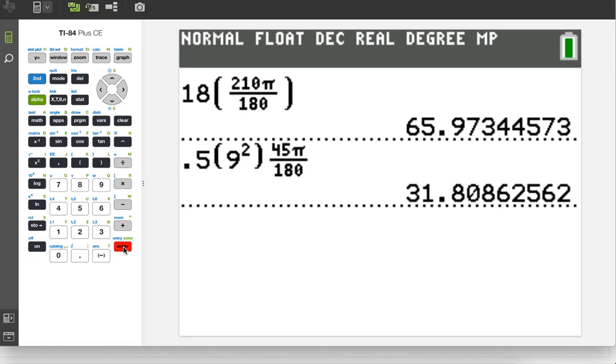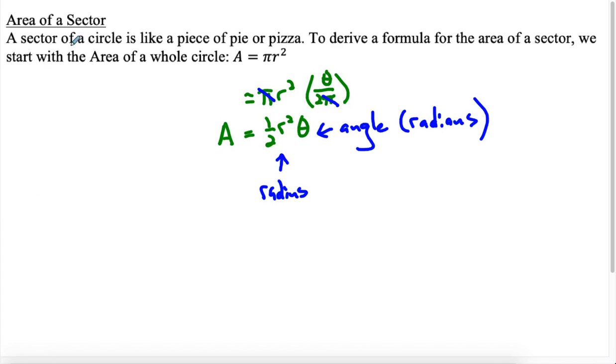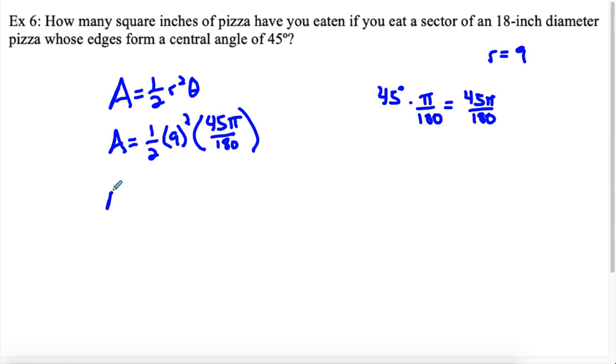And we get 31.81 if we go to 2 decimal places. And let's see, we were talking about inches, so this is area, that would be square inches.